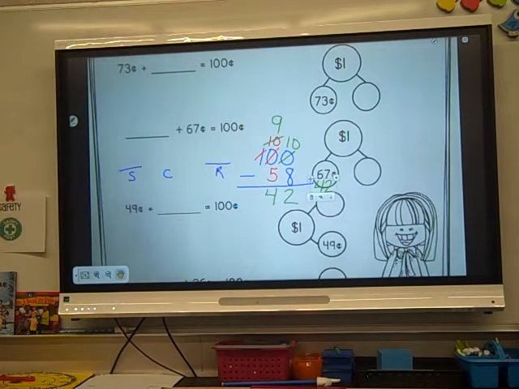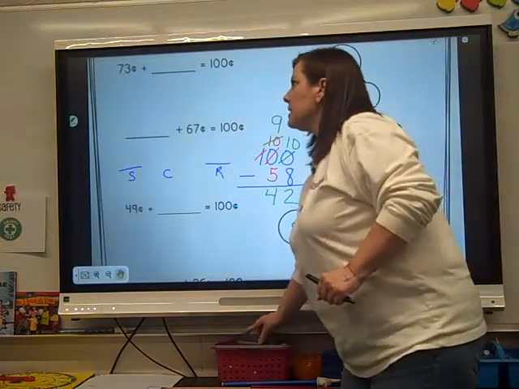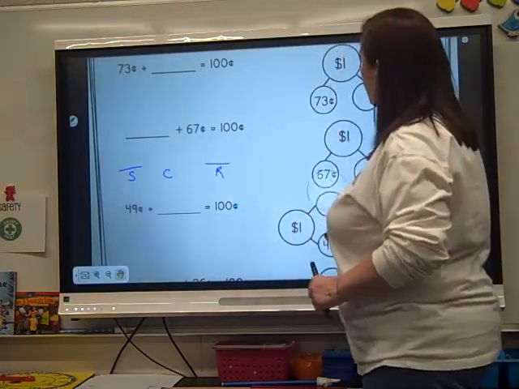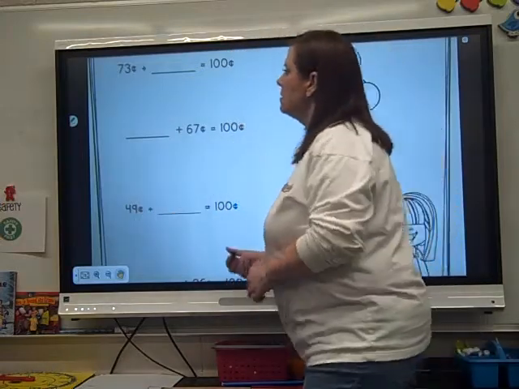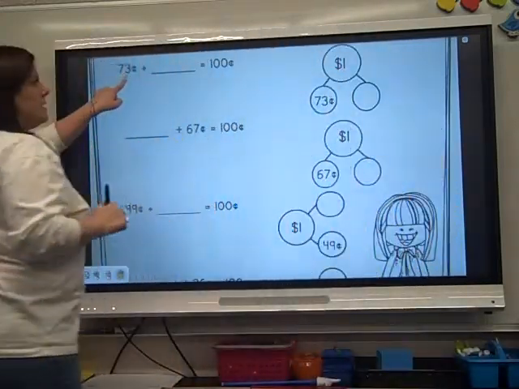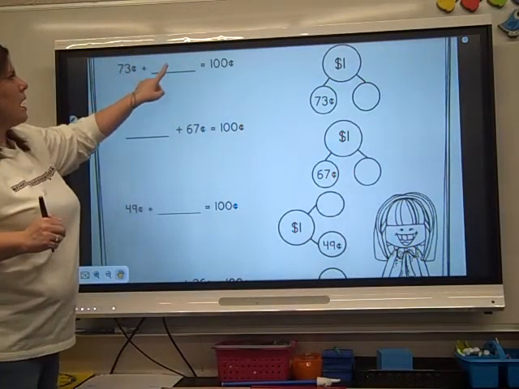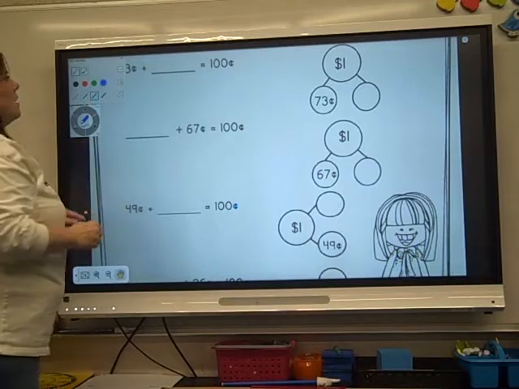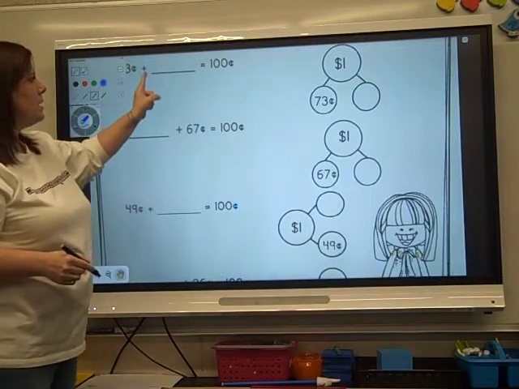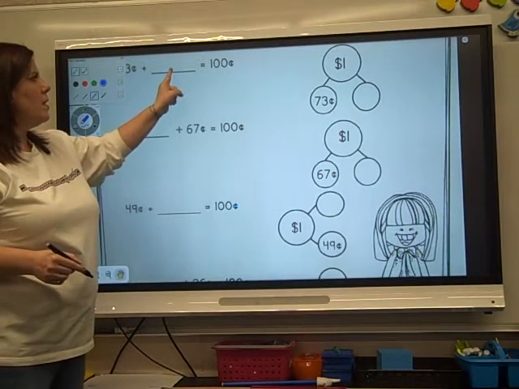All right, let's do this next one. We got 73 cents plus what equals $1 or 100 cents. So I'm starting with 73 cents. I'm missing what I'm changing it by, okay? So, if I start with 73, plus what gives me $1.